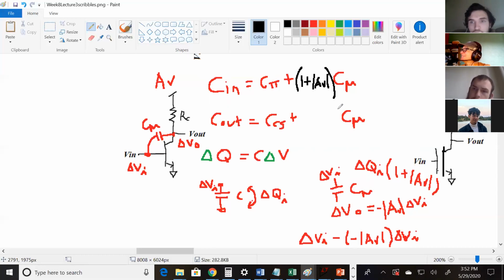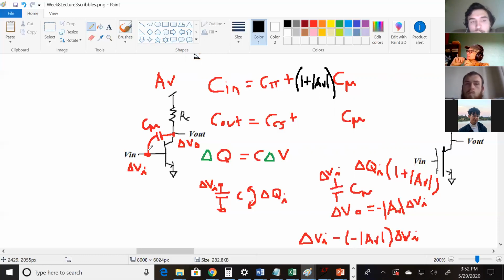This right here, it's a trick you can use. If you need a big capacitor on an IC, capacitors take up a lot of area. So you can actually use this trick.